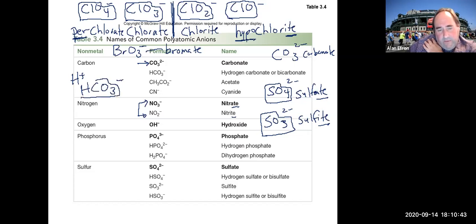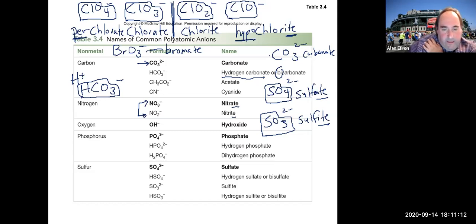If you just follow what happened there, we put an H onto this. So that's plus 1 and -2 leaves us a -1. We basically put a hydrogen in front of it. So the name now becomes hydrogen carbonate. Or instead of hydrogen, sometimes people will use bi. So this is known as bicarbonate. Same thing. That's a very common sort of difference.